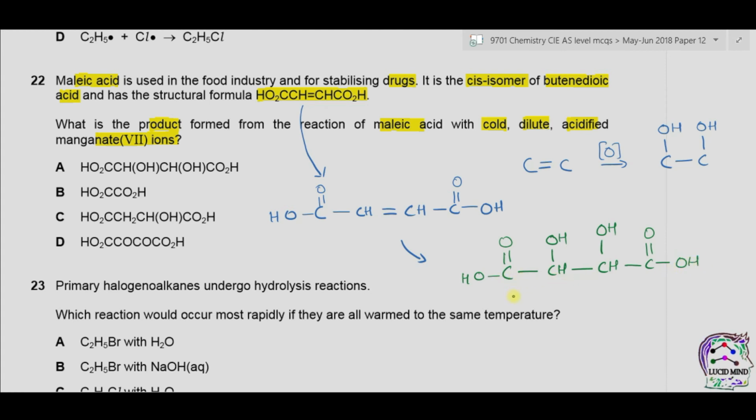We can also write the formula like this. We have CO2H on one side, then CH with OH as a substituent, then again CH with OH as a substituent, then CO2H. Now we can see that this product is exactly similar to the one given in part A.